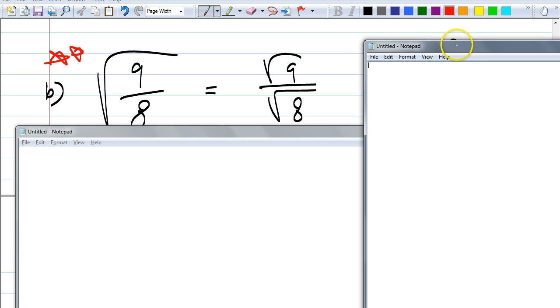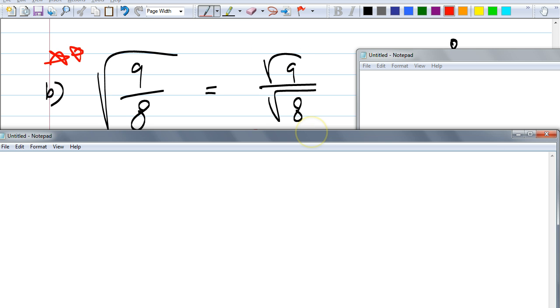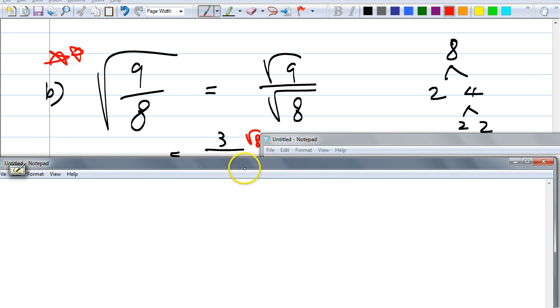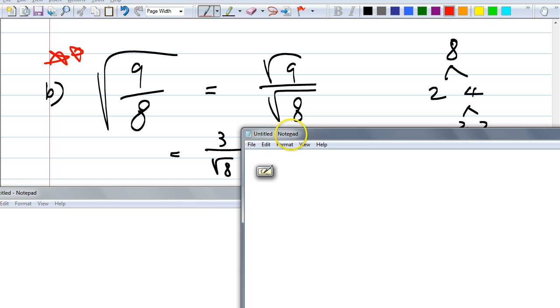So now we have 3 over square root of 8. Right? So what do we do? Yeah, multiply top and bottom by square root of 8 over square root of 8, right?